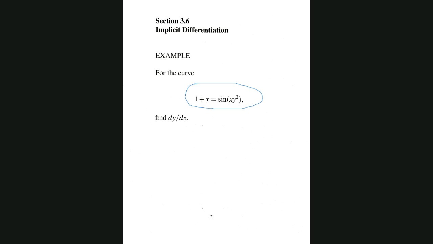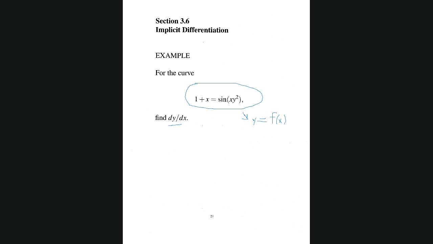If I wanted to do dy dx and convert this equation into y equals a function of x, that's going to be messy. So let's go ahead and use implicit differentiation. We know that y is implicitly a function of x because for every x value, there's a y value.